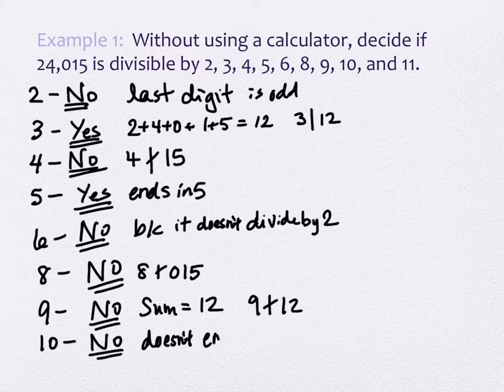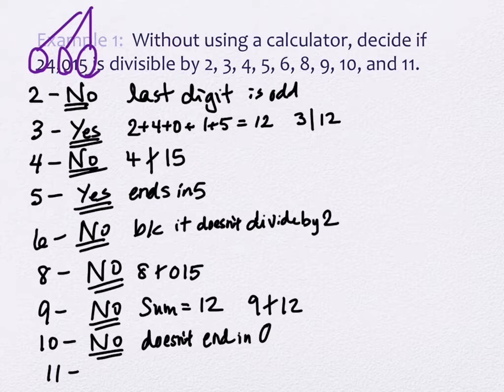Doesn't end in 0. And then 11 is that truly awkward one we have. So we circle every other number. So that would be 2, 0, 5. What's the sum of 2, 0, 5? 7. And then I have 4 and 1 at the bottom, or the other two.